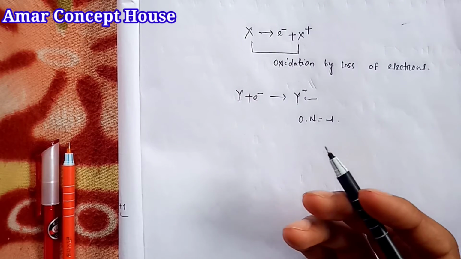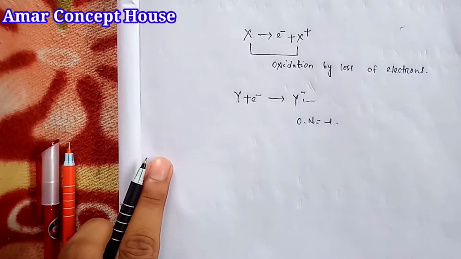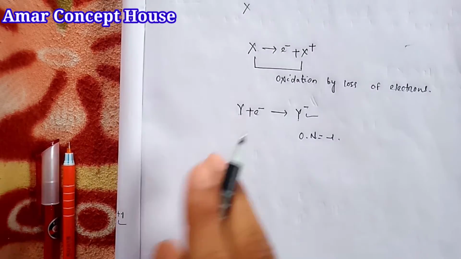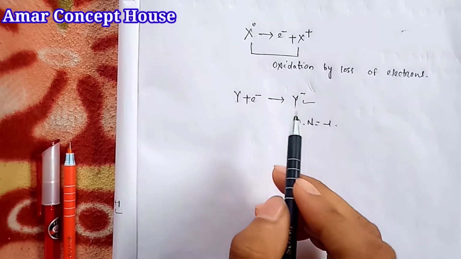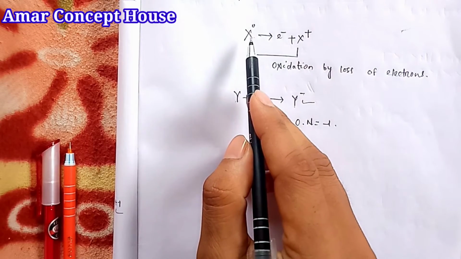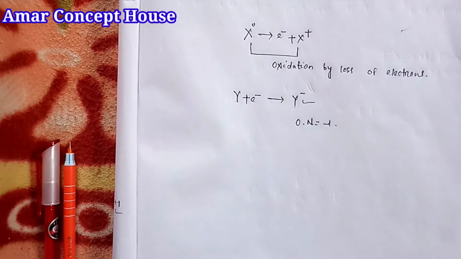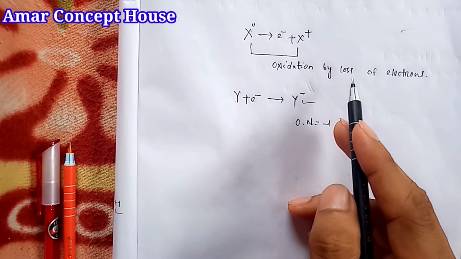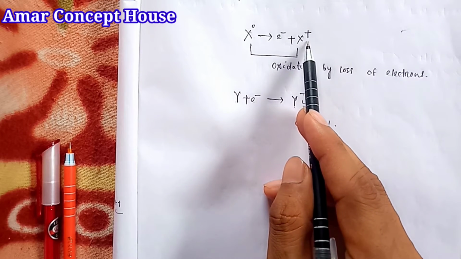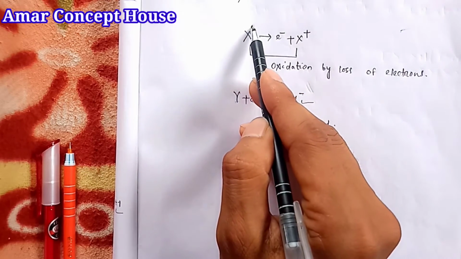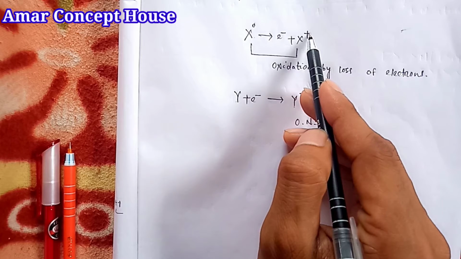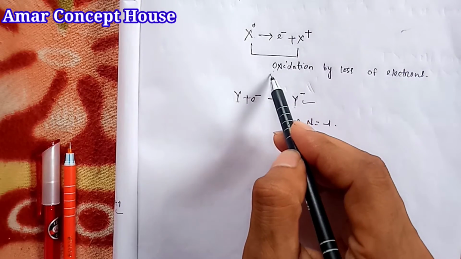In oxidation, does the oxidation number increase or decrease? See, here there was no charge. That means 0. The formal charge over X is 0, but after losing an electron, the formal charge over X becomes +1. That means the charge increased from 0 to +1, so oxidation is happening.